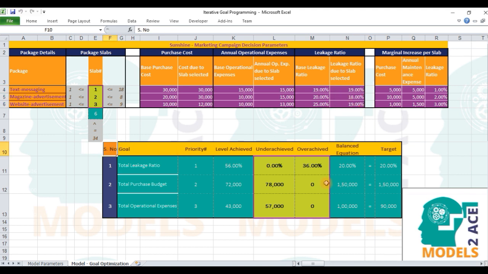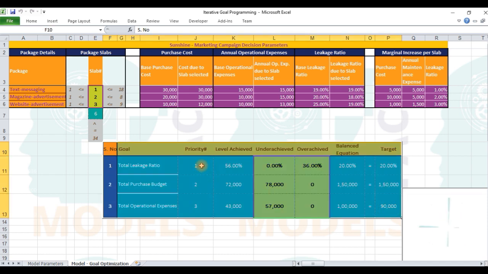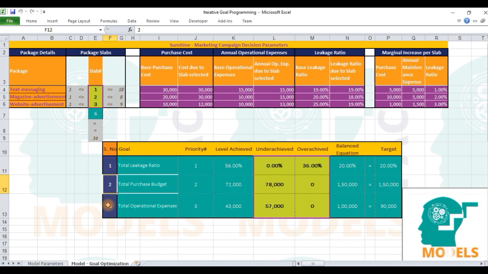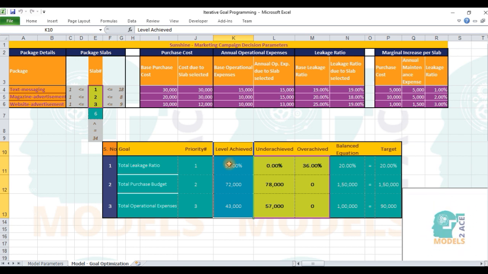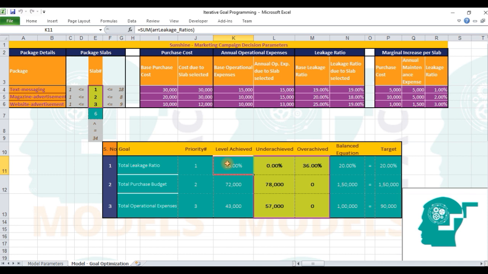This table constructs the list of goals, using the values tabulated in the table above, arranged in reducing order of priorities. This column lists out the actual levels of the goals achieved, based on the slabs selected here. For example, this value, denoting the total leakage ratio, is the sum of these computed values of these leakage ratios, named array leakage_ratios, here.